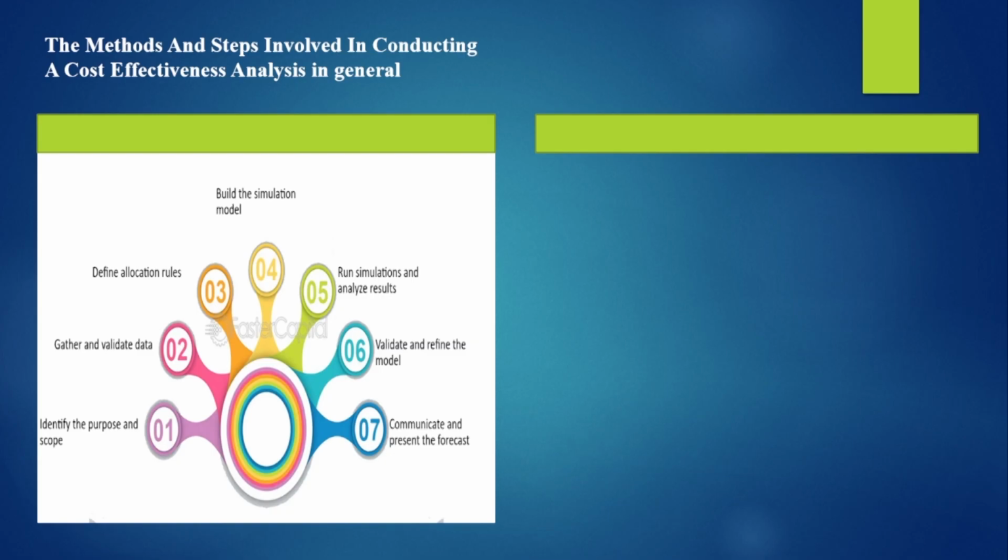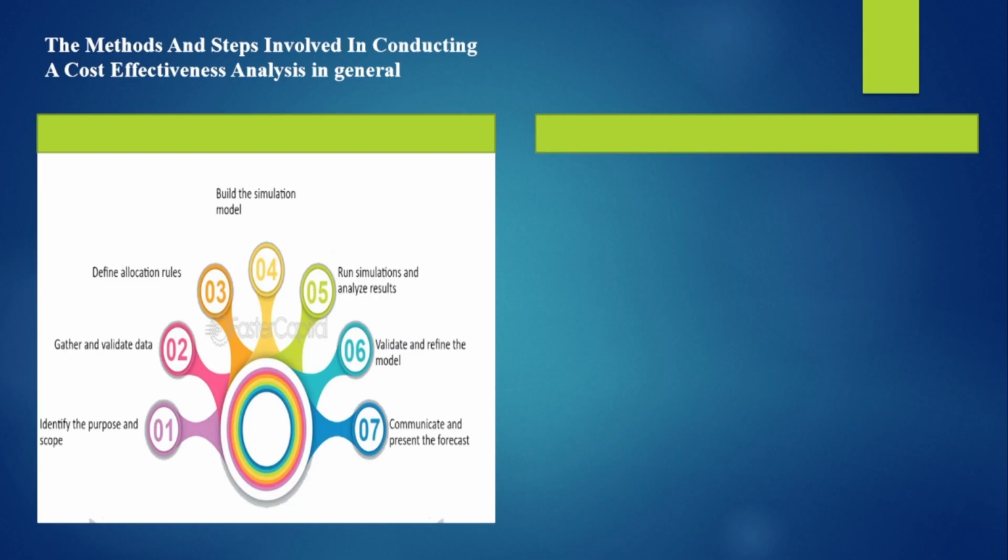Secondly, gather and validate data. We will gather various types of data and we will validate them. What is validation? We validate which data is appropriate and pinpointed. Thirdly, define allocation rules. What are the rules and regulations? What is the strategy to define allocations?